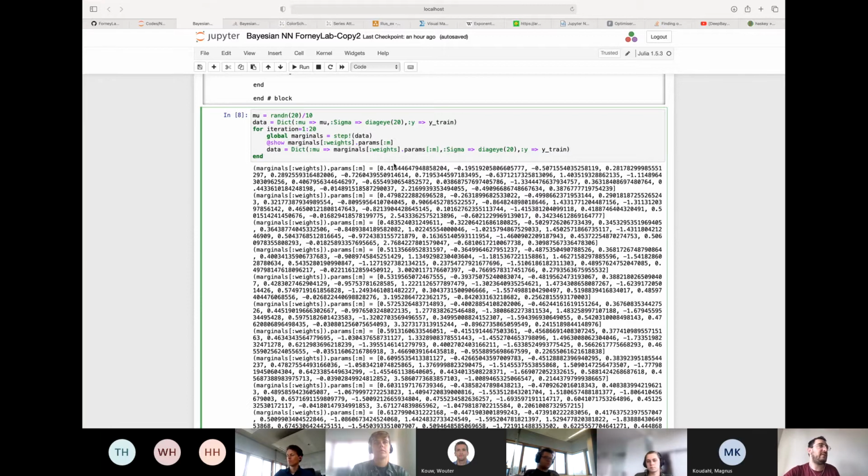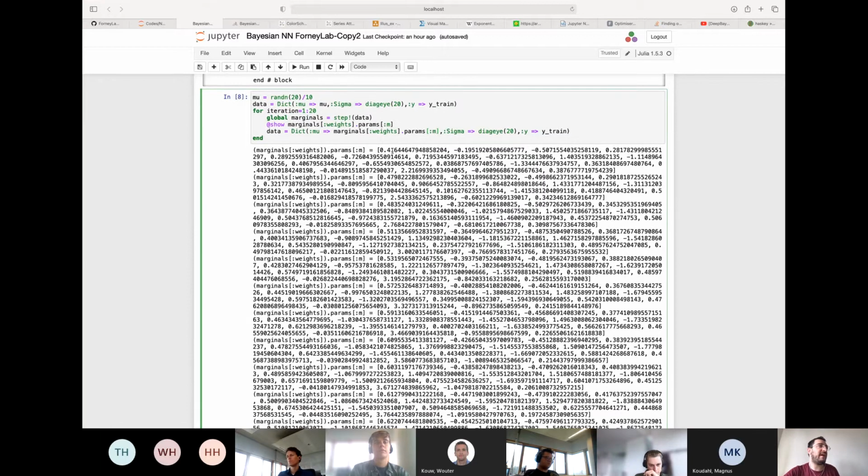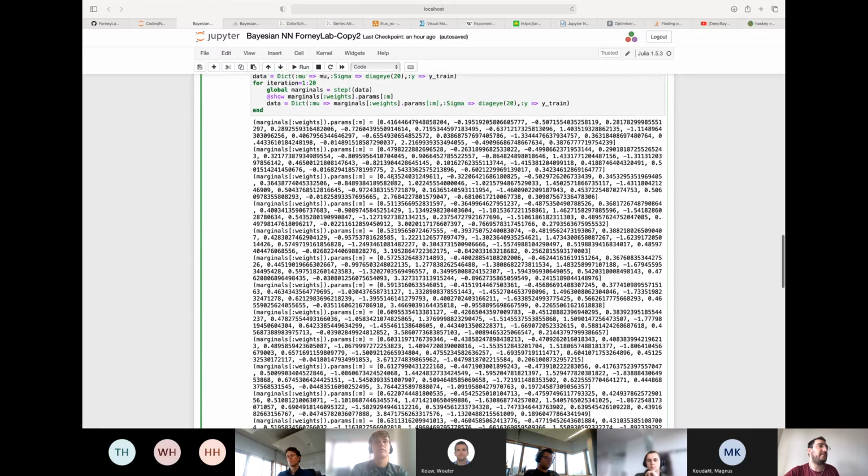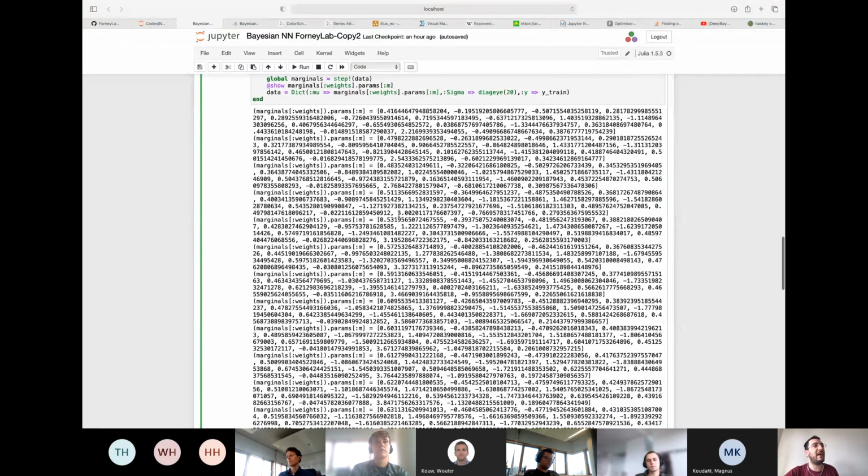And at each iteration, it gets updated. So you see, it doesn't change a lot, but it basically fits the data better.